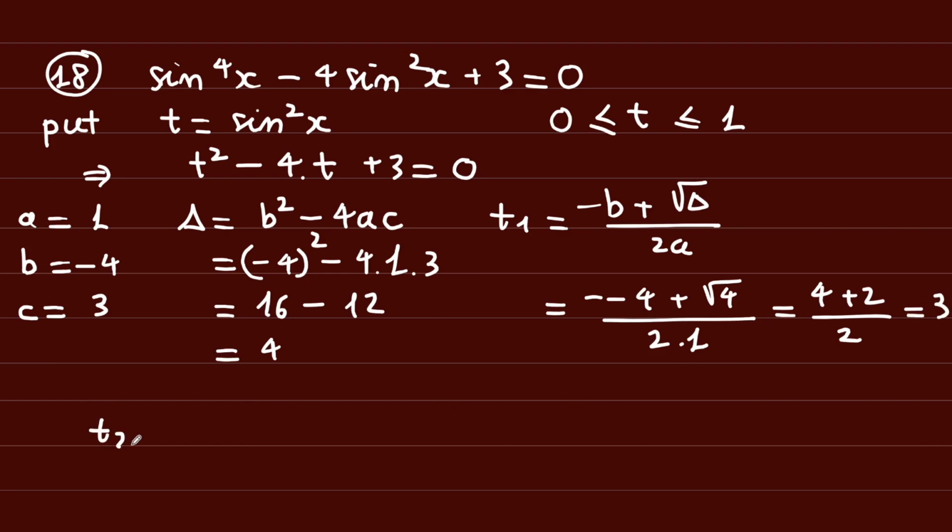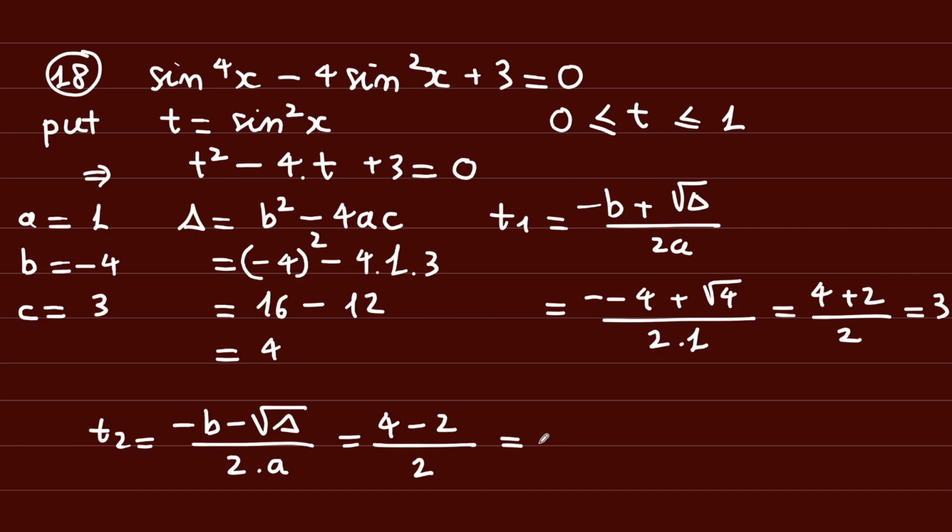For t2, minus b minus the square root of the discriminant divided by 2a: 4 minus 2 divided by 2 equal to 1. So you get two solutions for t: the first t equal to 3 and the second one equal to 1.